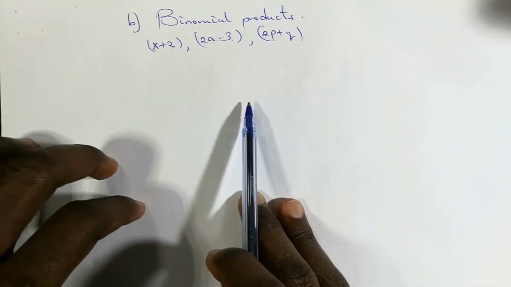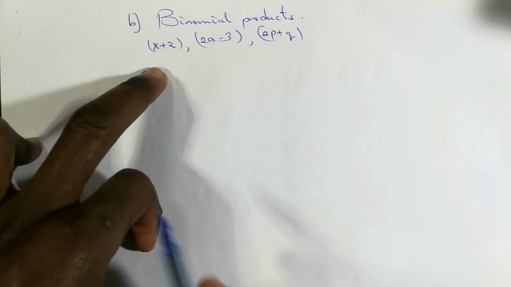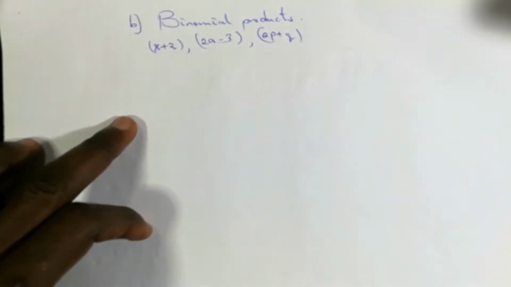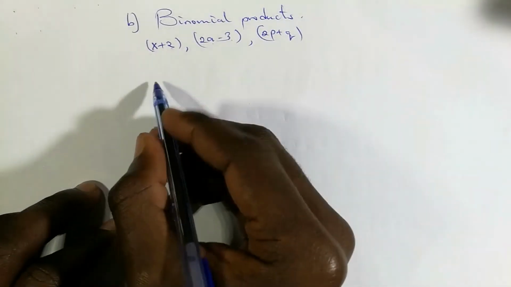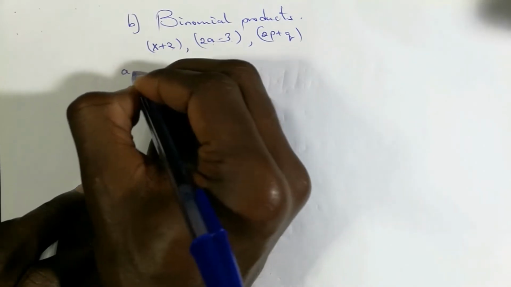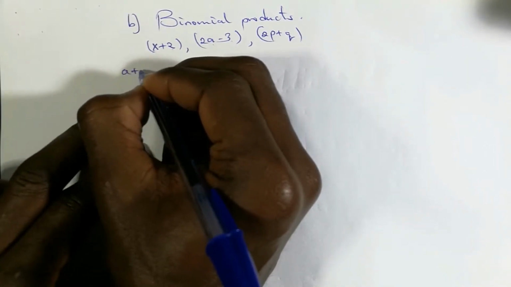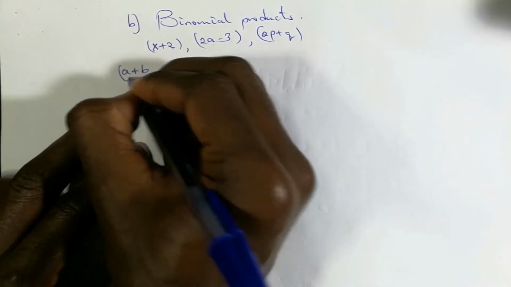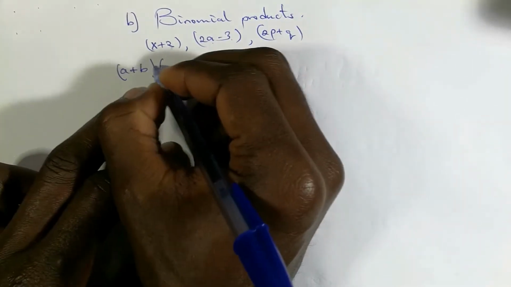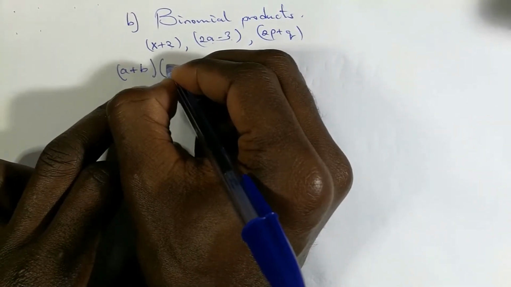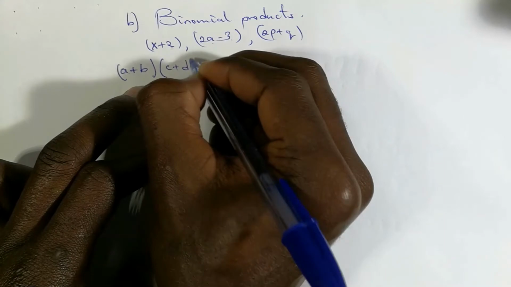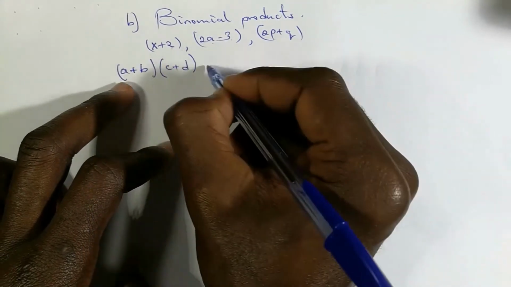They have two terms inside the bracket, added together. And we are going to look at a binomial product of the expression a plus b, multiplied by another binomial expression, let me say, c plus d.